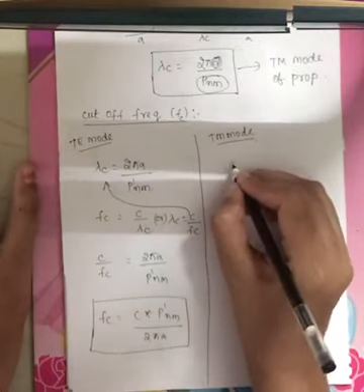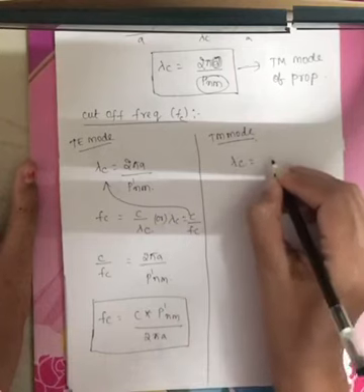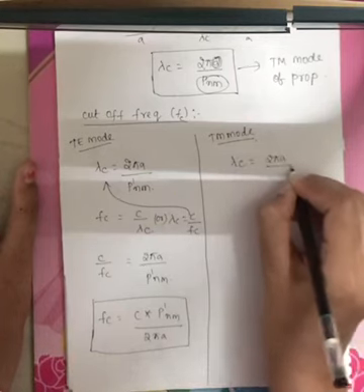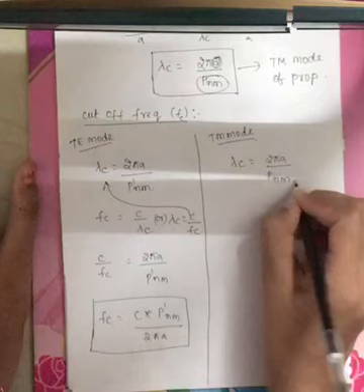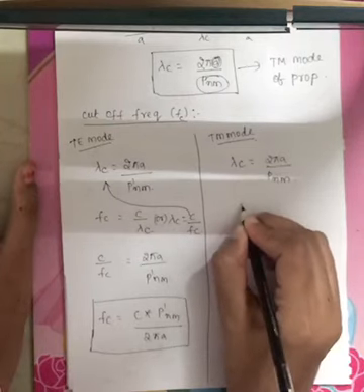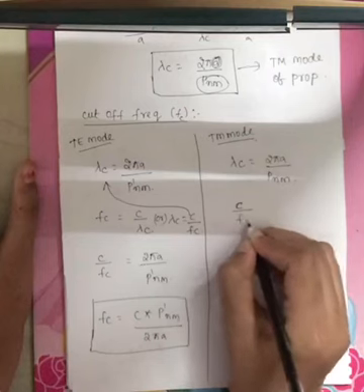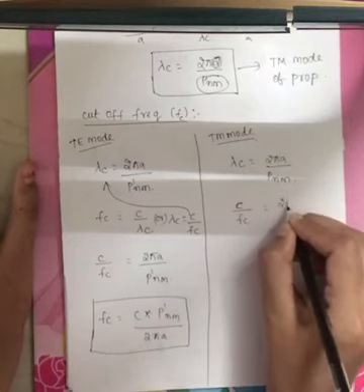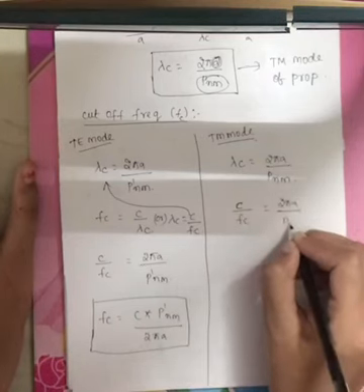Similarly for TM mode of propagation, we have derived lambda c equals 2 pi a by pnm. Lambda c is nothing but c by fc, so c by fc equals 2 pi a by pnm.